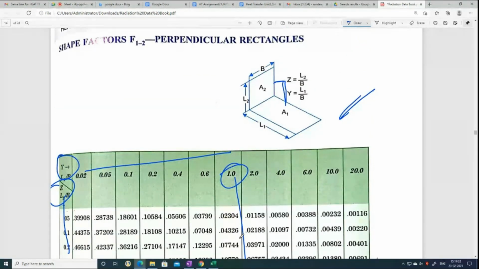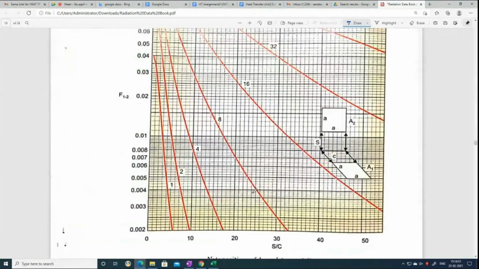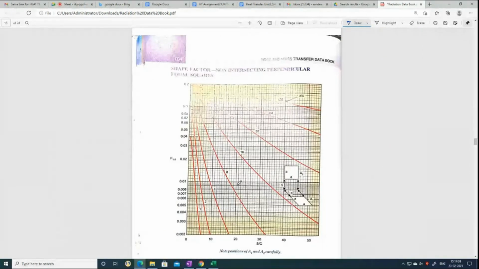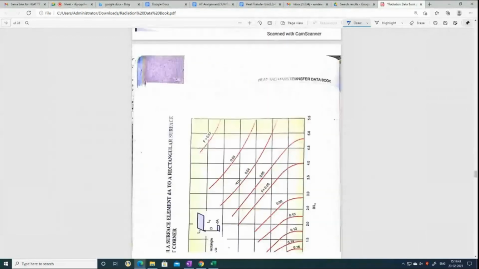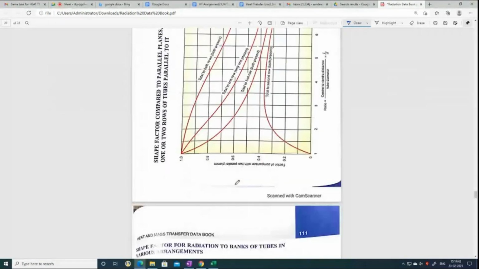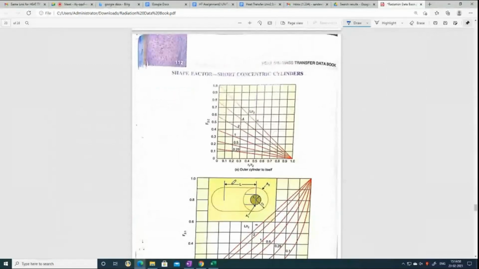Based on a given question, you have to actually choose what kind of thing it is. Sometimes you may get a cylinders also. These are generally special cases, most of the times not here, but for the sake of completeness, I'm telling you this kind of thing.